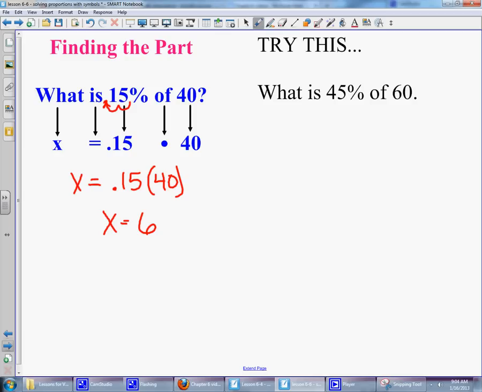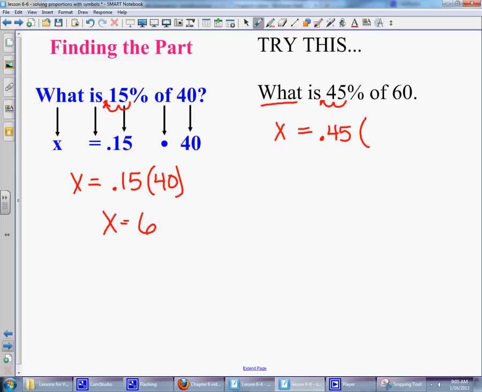I want you to pause the video and try this on your own. Okay. What is 45% of 60? So what? We're going to replace with a variable. Is means equals 45%. We're going to change to a decimal. So we move the decimal point 2 places to the left. So it's 0.45.